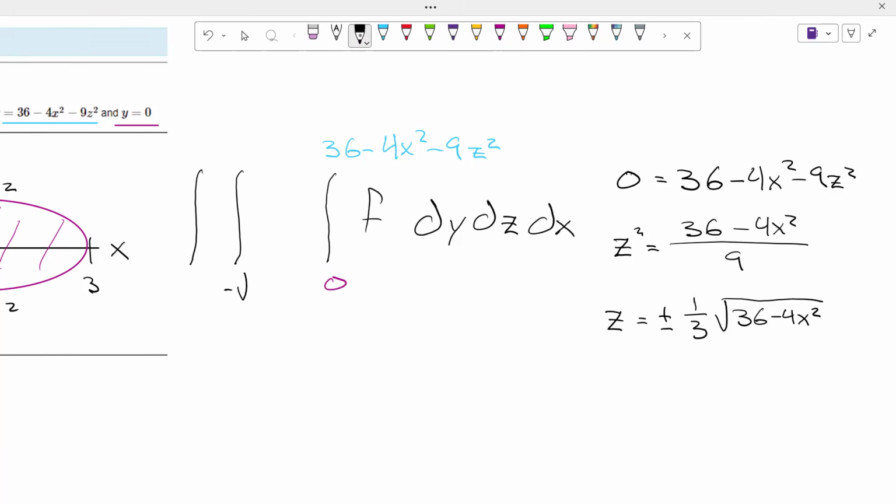Z is going to be negative 1/3 the square root of 36 minus 4x squared to positive 1/3 the square root of 36 minus 4x squared.